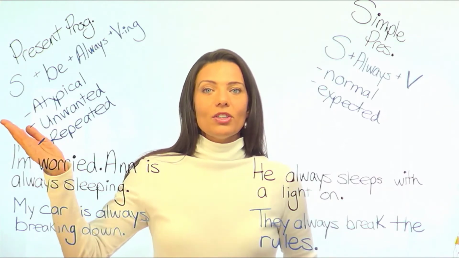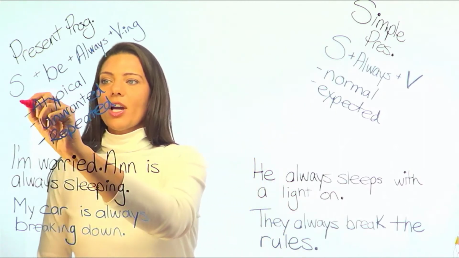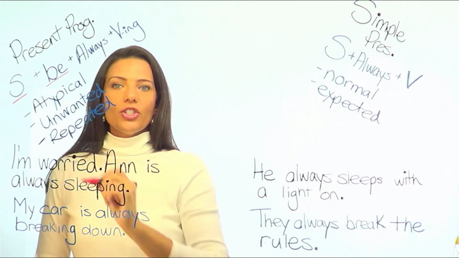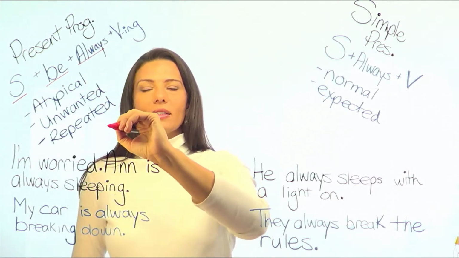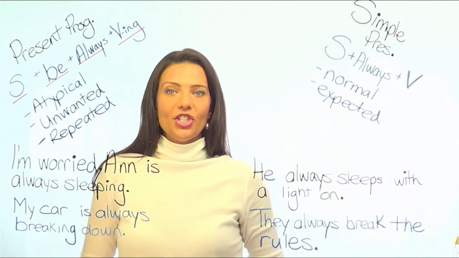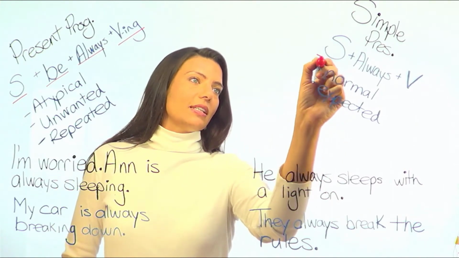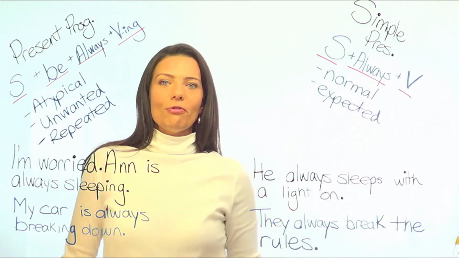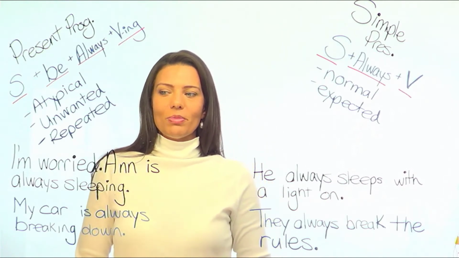In the examples that I'm going to show you today, in this situation we have the subject, and then we have the verb be conjugated for the subject, and then the word always plus verb-ing. In this case over here, you're going to see the subject plus always plus the verb in simple present. Let's take a look at a couple examples.